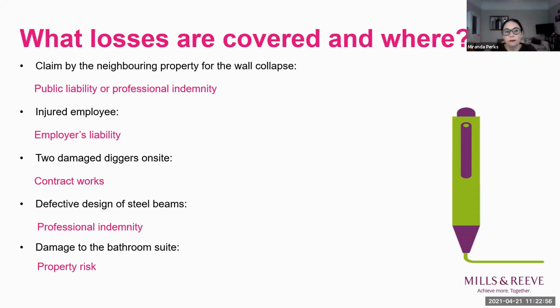The owner's insurer can then bring a claim against Company A, and because we know that the damage was caused by defective design of the steel beams, it would be the professional indemnity policy which would respond.